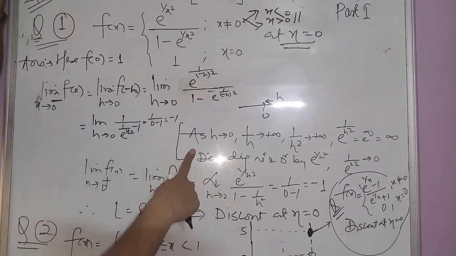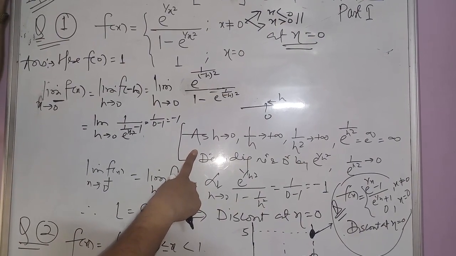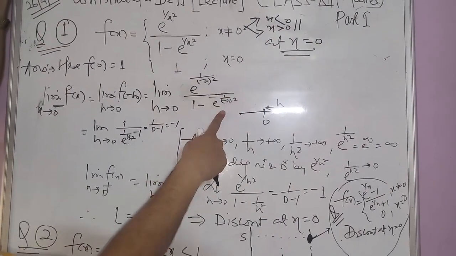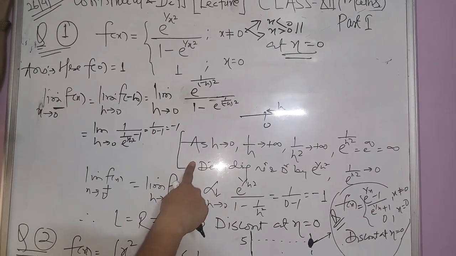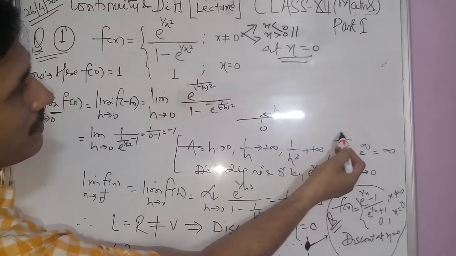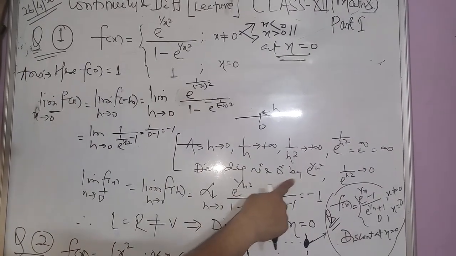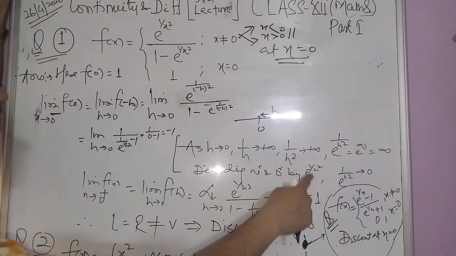We know the technique of evaluating a limit in the form infinity by infinity. We divide the numerator and denominator by e to the power 1 upon h square.